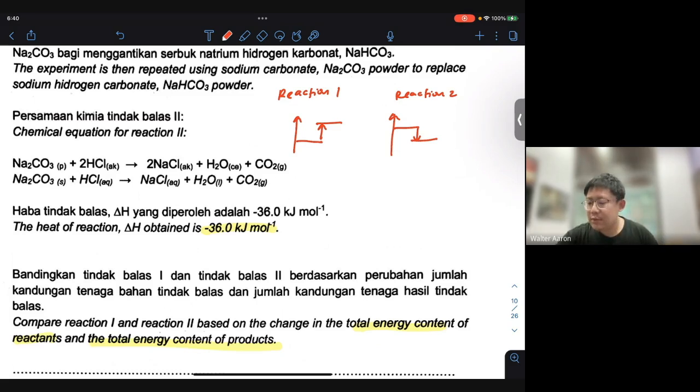We can see that between reaction 1 and 2, the total energy content of the products and reactants are different.